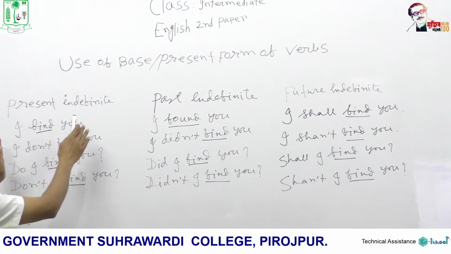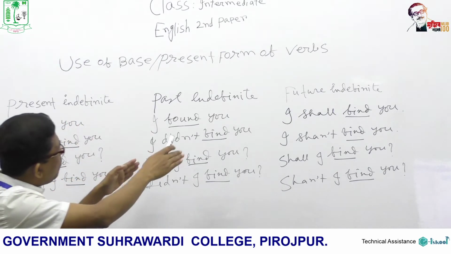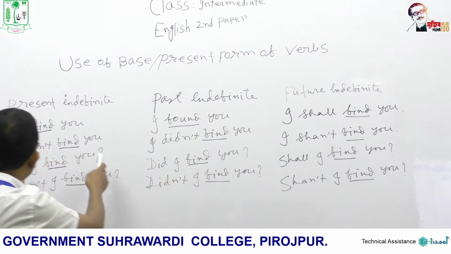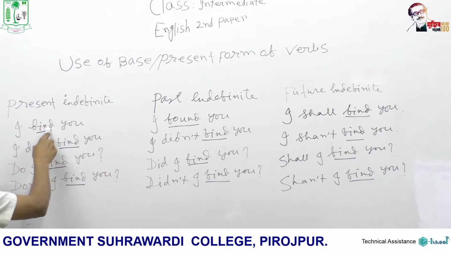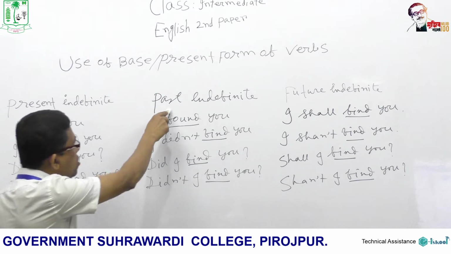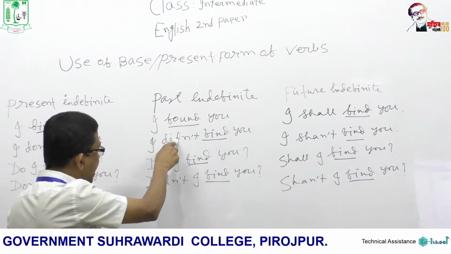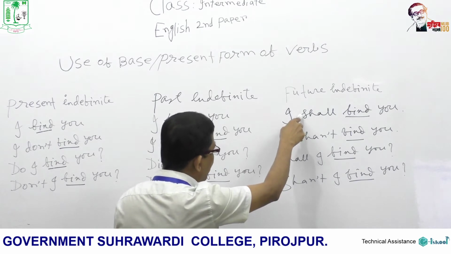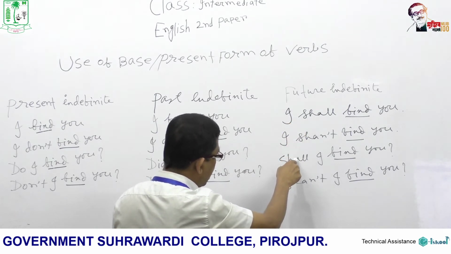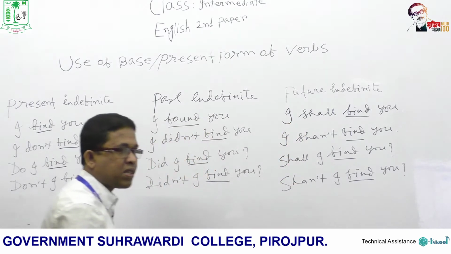So, in each of the indefinite tenses, we are getting 4 types of sentences, that is affirmative sentence, negative sentence, interrogative sentence, and negative interrogative sentence. It is true also here, affirmative, negative, interrogative, negative interrogative. It is also true here, affirmative, negative, interrogative, and negative interrogative sentences.